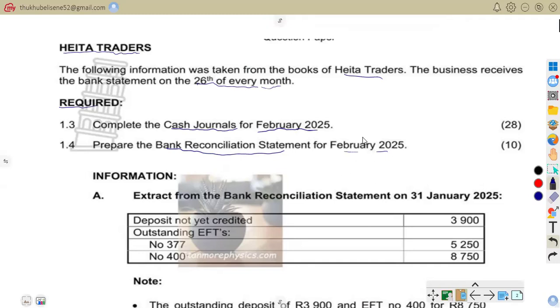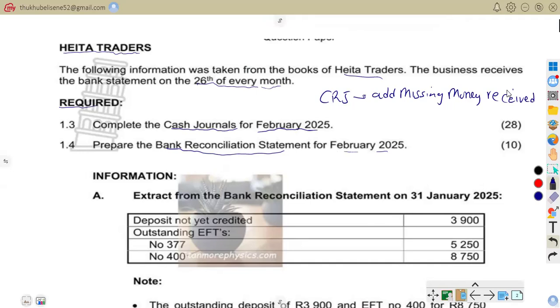On journals, you know very well that in a CRJ, which is the cash receipts journal, we are going to add missing money received. That is a very important key exam logic when you're doing the cash receipts journal.